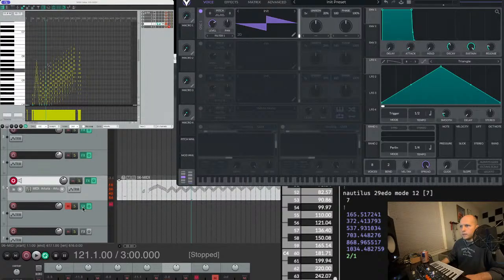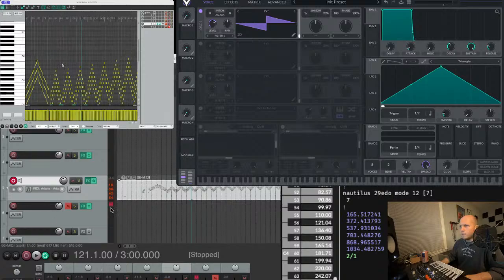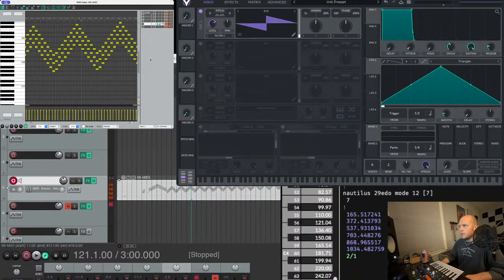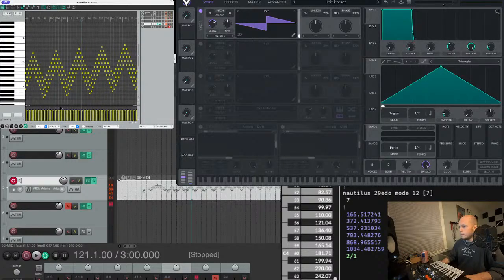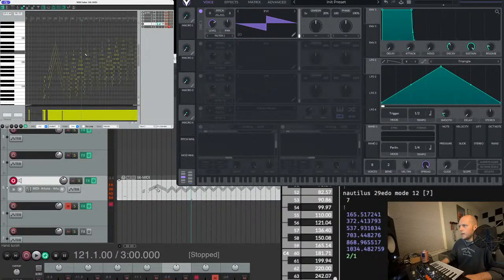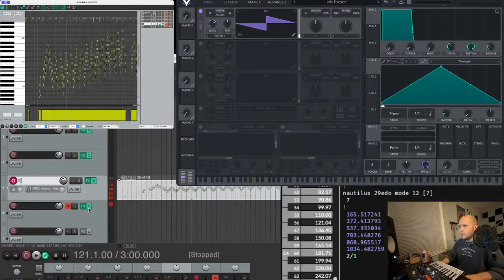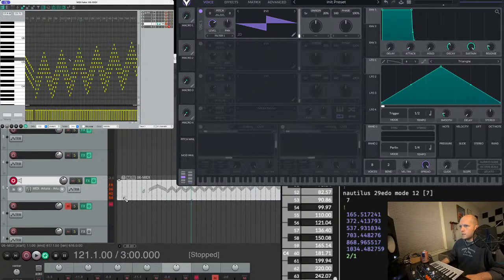If you look over here in the MIDI, I changed the tuning so you wouldn't be able to hear them now. But each one of these is one mode. It's one 7 note scale in 14. So there's 14 of these.